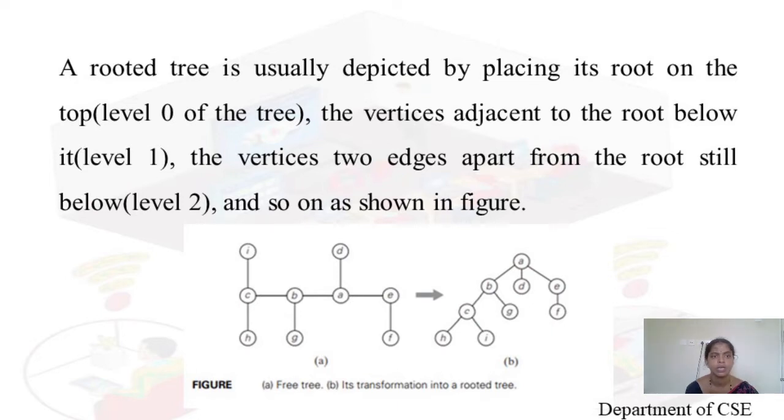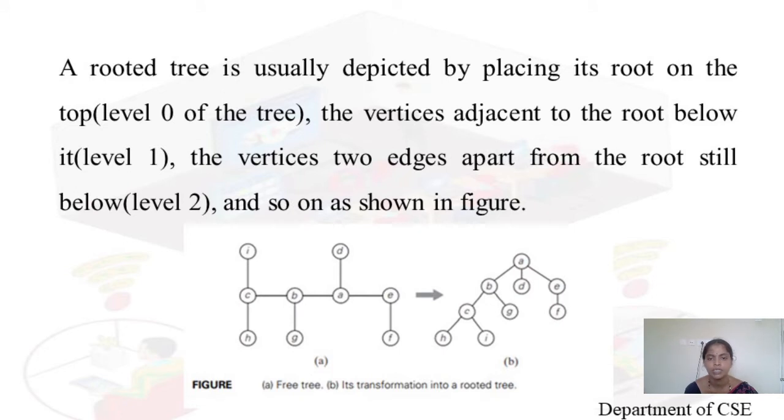A rooted tree is usually depicted by placing its root on the top, at level 0 of the tree. The vertices adjacent to the root below it will be at level 1. The vertices 2 edges apart from the root will be at level 2, as shown below.